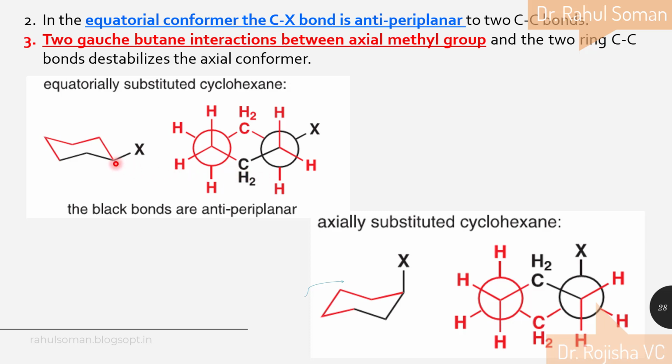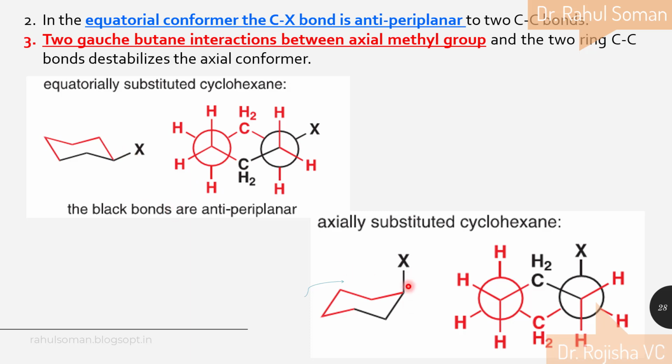Whenever the substitution is coming in the equatorial position, then you can see this gauche form will show anti-periplanar, meaning opposite to the gauche. If you are seeing it like this, this CH2 and X will be anti to each other, opposite to each other. That really supports energetically the formation of the equatorial bond.